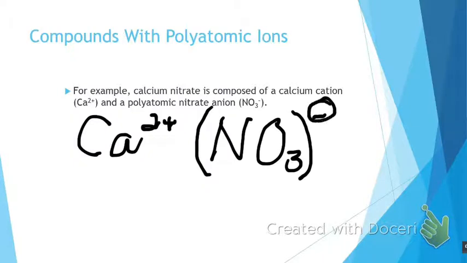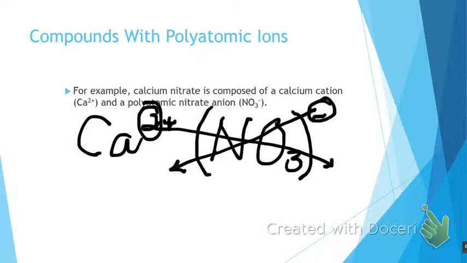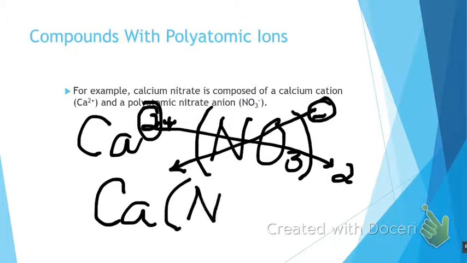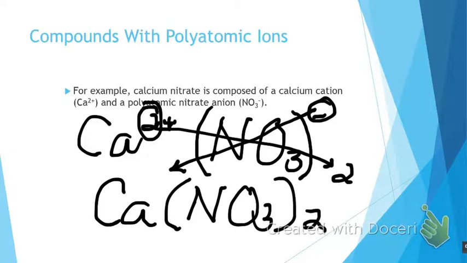Okay, so crisscross. This 1, understood 1, is going to go over to the calcium. This 2 is going to come over here and be on our whole nitrate group. And you need to use those parentheses to distinguish that. So our answer is Ca(NO3)2. That's how we would properly write the compound calcium nitrate.